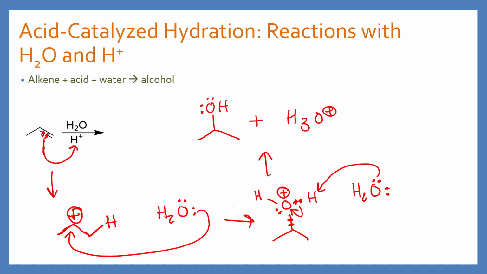And then we also have H3O+. Now you might be wondering, why am I able to form hydronium when I just said that having a positive charge on oxygen is not good? Two reasons. One, it's not going to last because we do have an alkene that needs to react with it. But also, in the reagents, I gave you water and H+. Those are not actually going to exist separately.